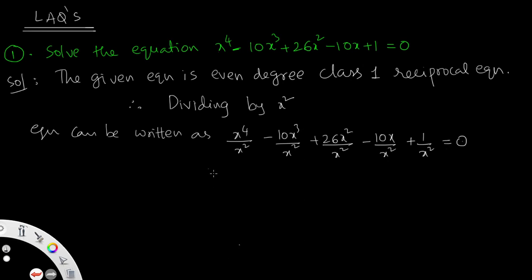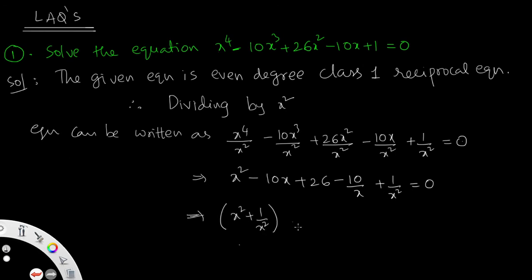So that implies x square minus 10x plus 26 minus 10 by x plus 1 by x square equal to 0. So that is x square plus 1 by x square minus 10 of x plus 1 by x plus 26 equal to 0.